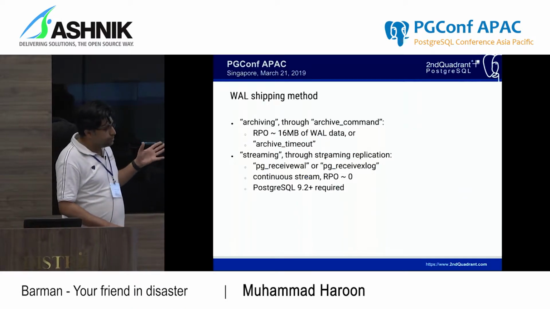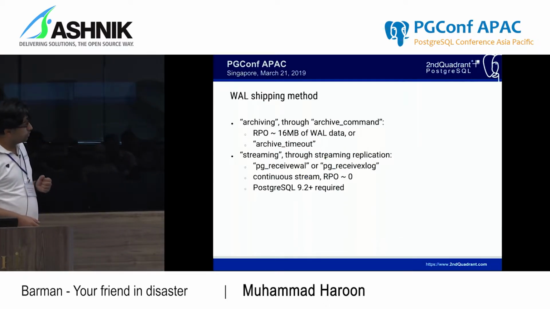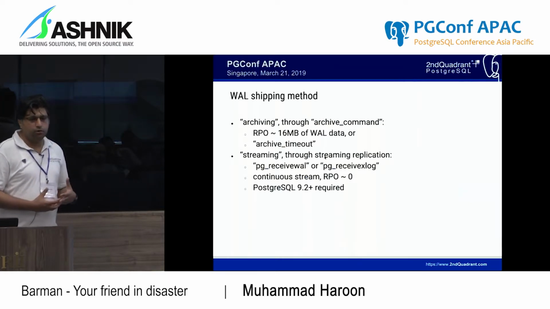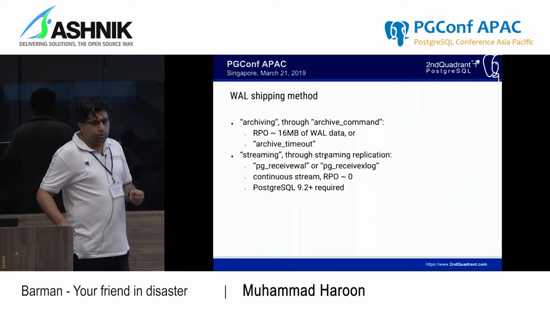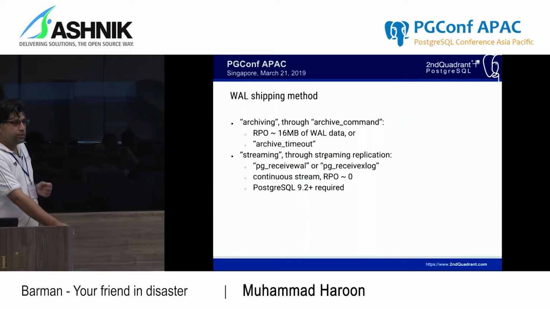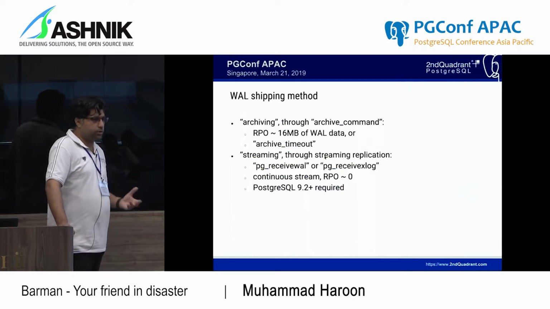So streaming, as I mentioned, happens through pg_receivewal, or pg_receivexlog as it was known, which means when you continuously keep getting a stream of data over your streaming replication protocol, you are basically at something like a 0 RPO, because your data loss will be at max to the last checkpoint that you have.